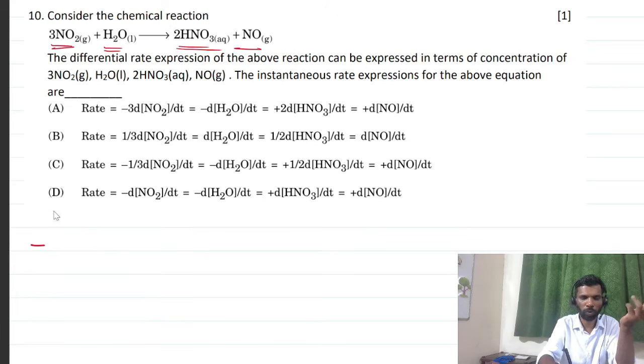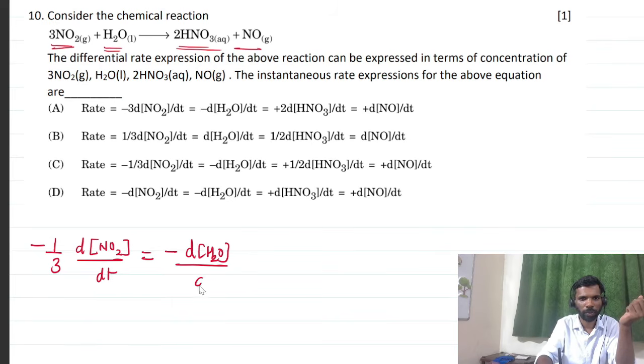And negative for the reactant, so this will become minus 1 by 3 d change in concentration of NO2 by dt, which is equal to minus, and so on, which is equal to positive for the product.